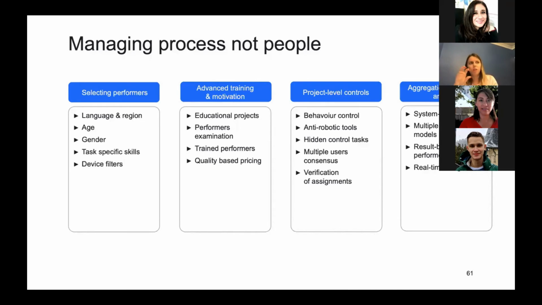For example, you can give achievements or extra payment. You can give project-level controls to prevent bots, some behavioral controls, so that bots can't click your task, and some hidden control tasks.